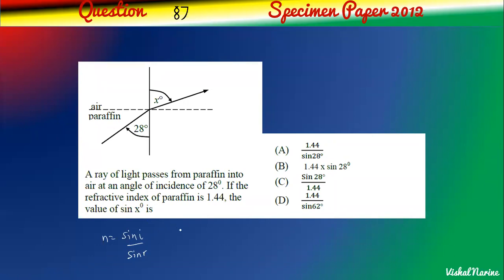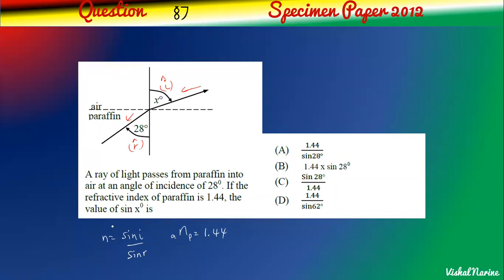So this is basically the refractive index from air to paraffin, equal to 1.44. So when we're taking our values, we have to reverse our light ray to take it into consideration. So x is going to become i, and angle r is going to be 28 in our calculation.